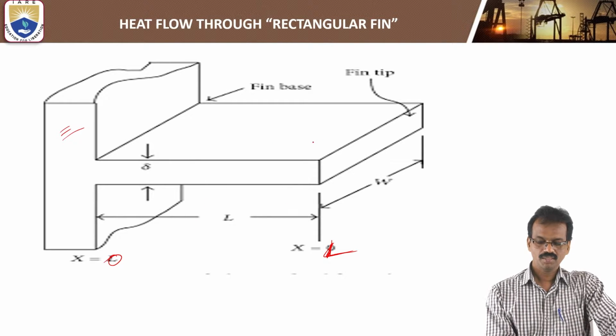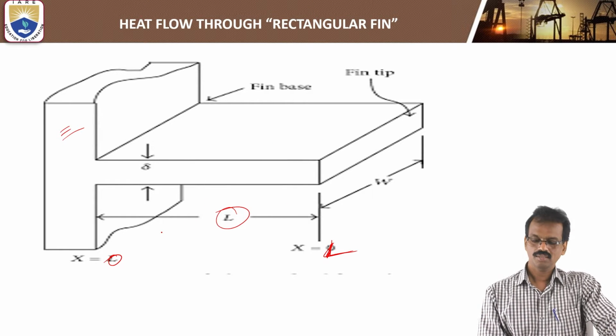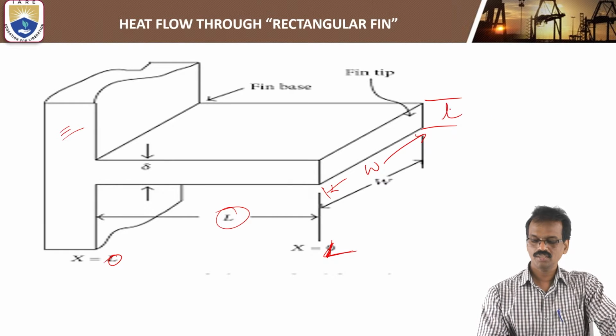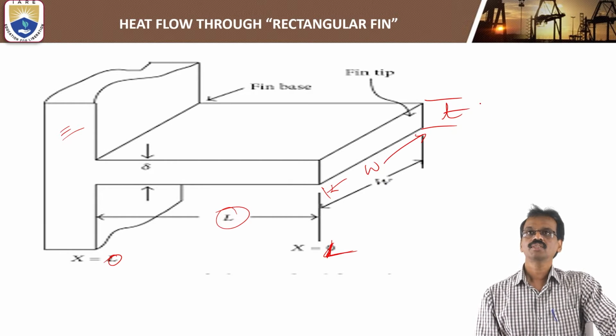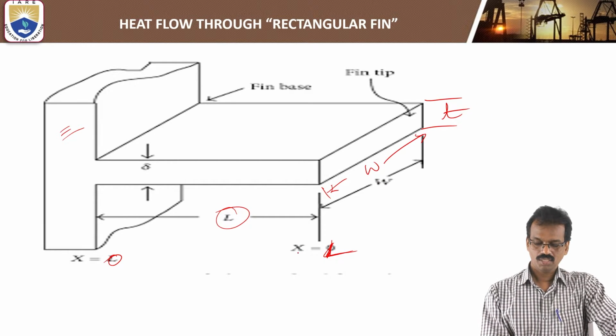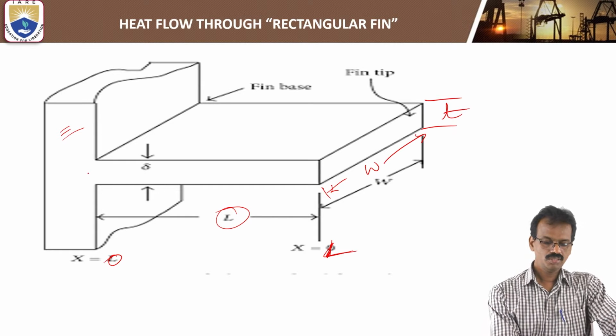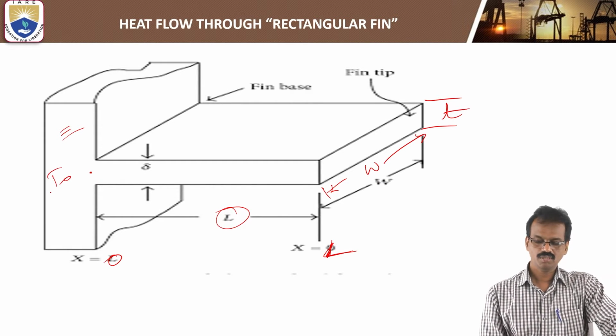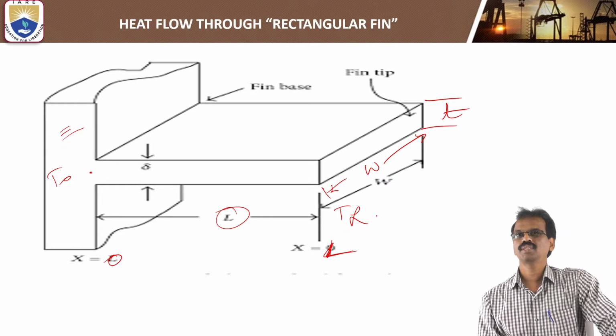The length of the rectangular fin is L, the width is small w, and the thickness is small t. At the base surface, the temperature is equal to T naught. At the end of the fin, the temperature is equal to T infinity, the ambient temperature.